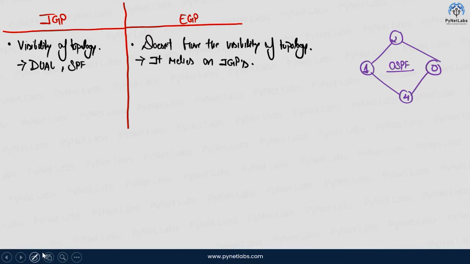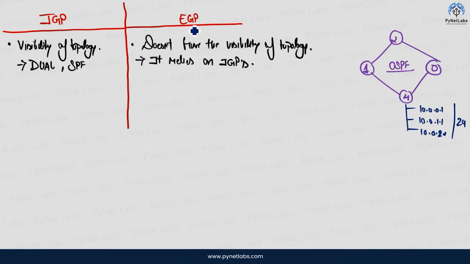Assuming router 4 has some networks, let's say 10.0.0.1, 10.0.1.1, and 10.0.2.1, with /24 subnetted networks. So if router 4 has three different networks, router 1, router 2 and router 3 will definitely have information about all the routes installed in the routing table of router 4. This is all because of the algorithms, which make the IGP protocols better. So that is one thing, that they have the complete visibility of the topology.